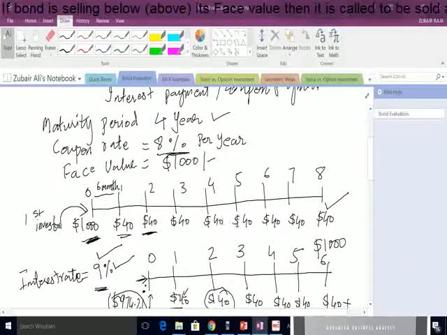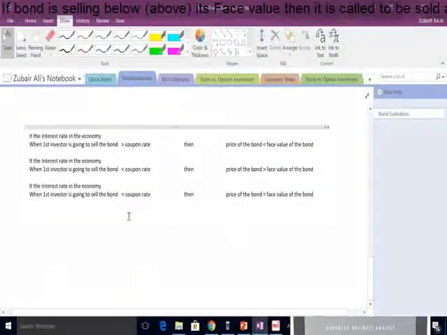So everyone will jump in and try to buy this bond, and because the demand for this bond will increase, people will be ready to pay more than $1,000 on this bond, more than the face value. So this is the reason that if the interest rate in the economy when the first investor is going to sell the bond is less than the coupon rate, the price of the bond becomes greater than the face value of the bond.